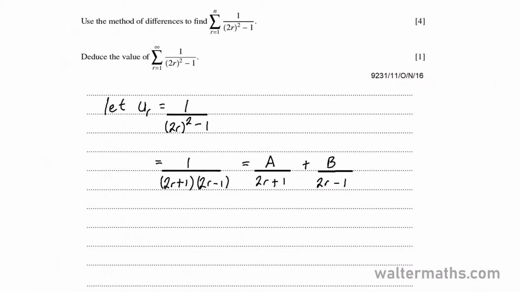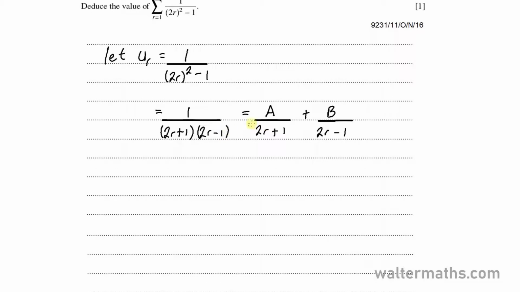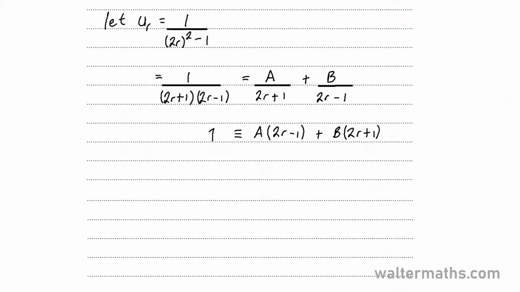So from here, I can come out with an identity where I can say 1 is identical to a of 2r minus 1 plus b of 2r plus 1. And by the cover-up method, I can get the values of the constants a and b.